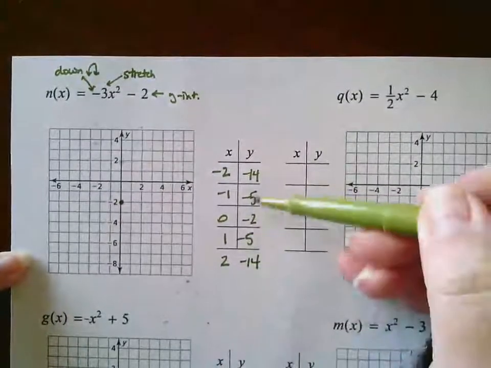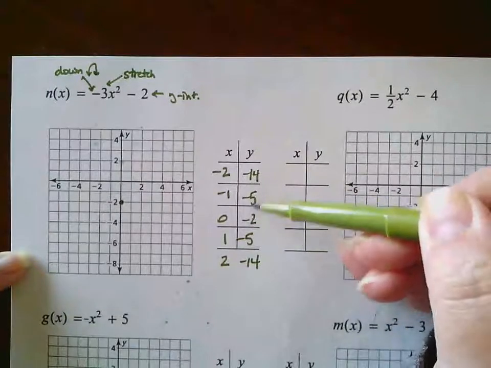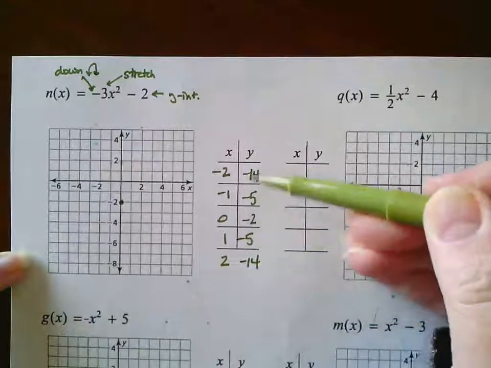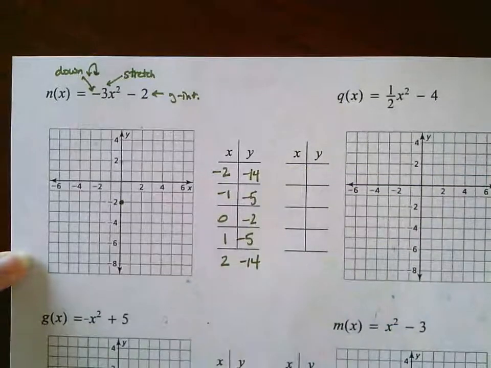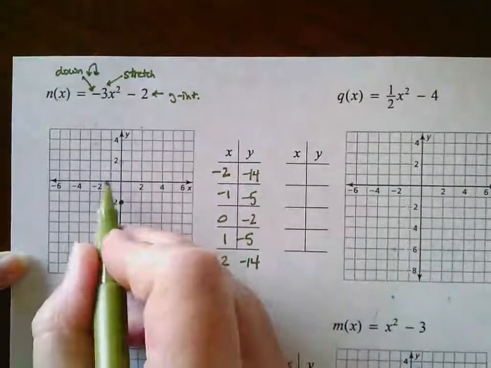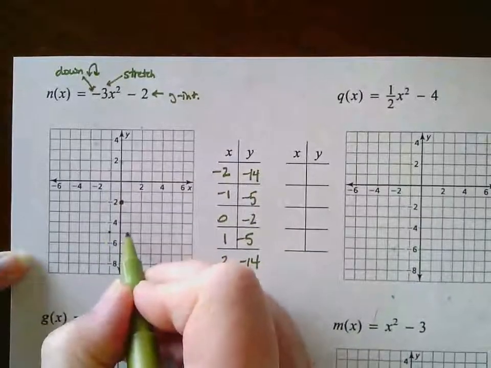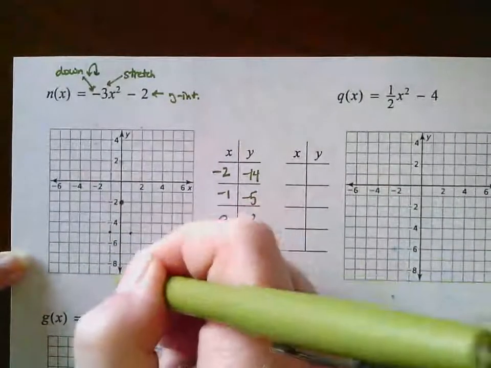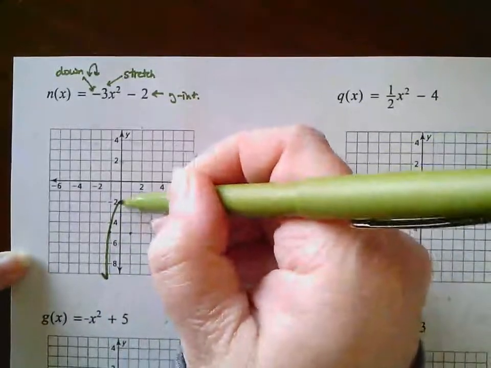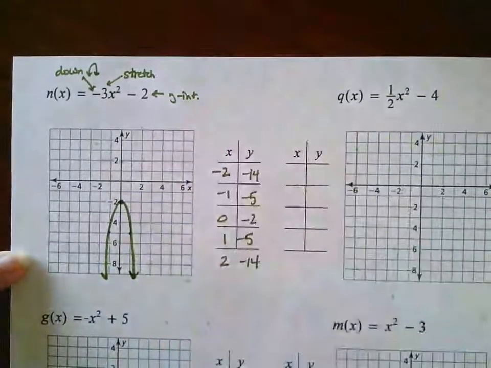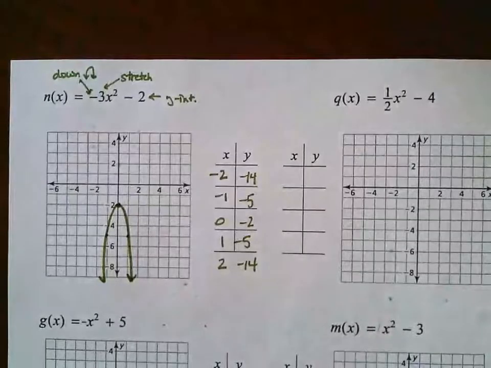So you can see the values here and here are the same. So you could do a plus or minus 1 and it would give you the same result, just like we were doing in the last lesson. So when you graph this, -1, -5, and then you know it's going to go way down here. So it's going to go down really quickly. And you're good to go. So if you have any questions on that, let me know, because I know that's a little bit different.